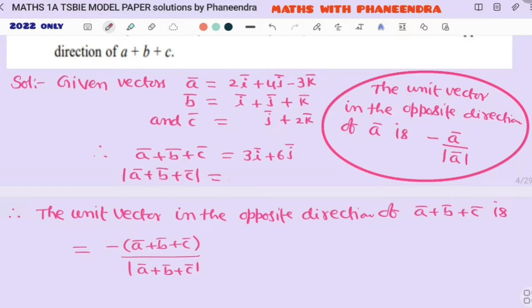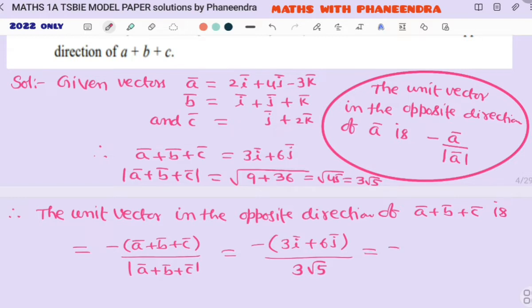So magnitude means mod: square root of i bar coefficient whole square, 3 square, 9, plus j bar coefficient whole square, 6 square, 36. So root 45. Root 45 can be written as 9 into 5, 9 you can take outside, 3 root 5. So that is equal to minus of (3i plus 6j) by the magnitude of that vector, which is 3 root 5.